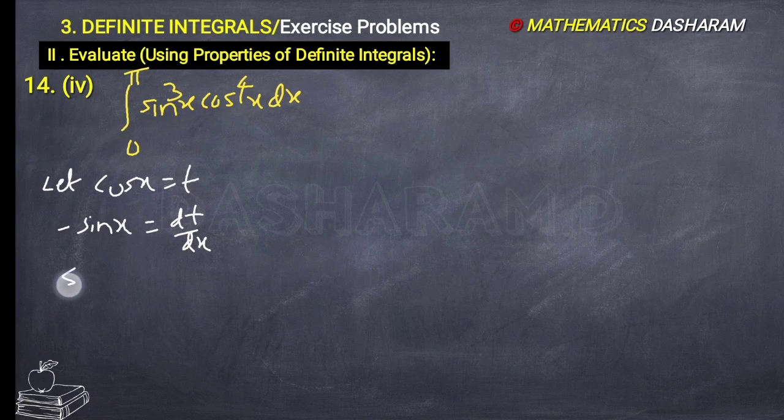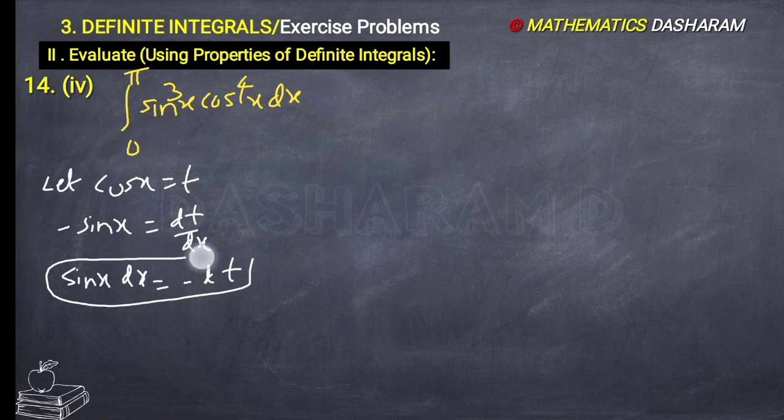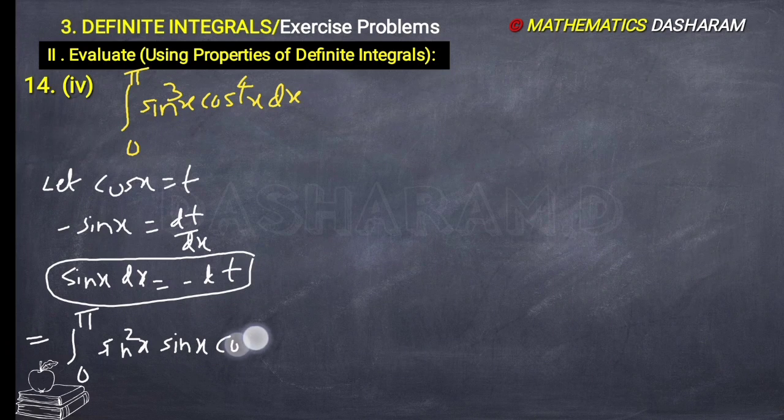So then sin x dx equals minus dt. So then the given question becomes integration 0 to pi sin x. So sin cube x we can write as sin square x into sin x. Next here cos to the power of 4 x dx.